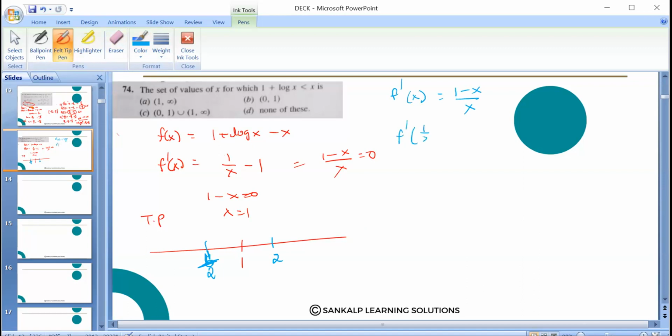If you put 1 by 2, f dash is positive. If you pick 2, you get negative by positive, so f dash is negative.